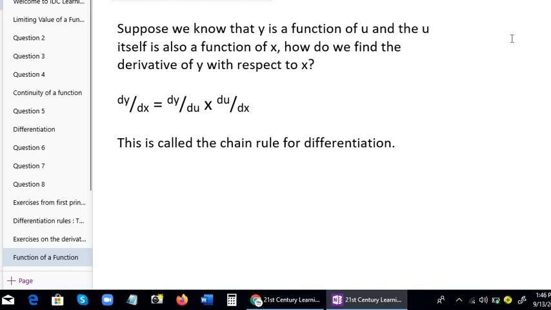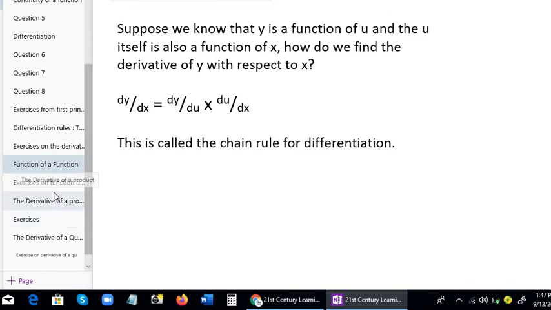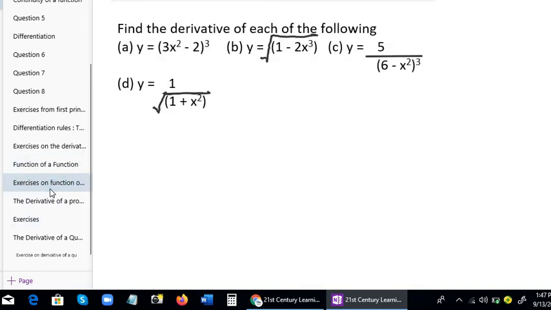This is called the chain rule. To solve questions like that, I'm going to give you some examples so that you understand how it works. We have dy/dx equals dy/du times du/dx. So let's look at other functions and know how and when to use this rule. We'll be looking at exercises on function of a function.